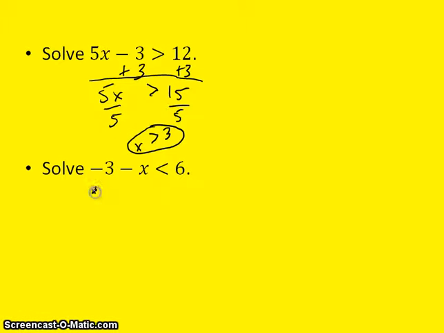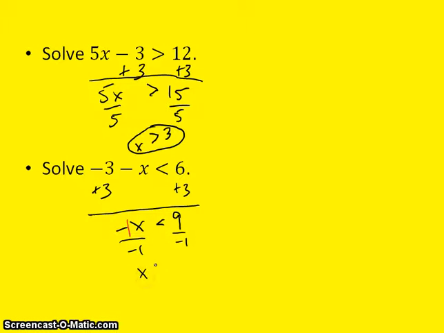In the next example, we're going to add 3 to both sides. So we have negative x is less than 9. And we got a negative x, so we can pretend this is a negative 1x. So we're going to divide both sides by a negative 1.